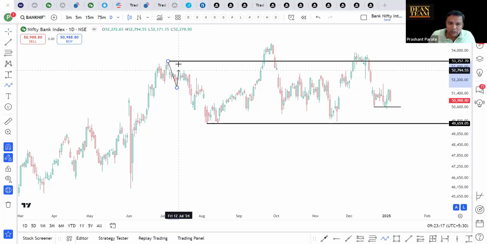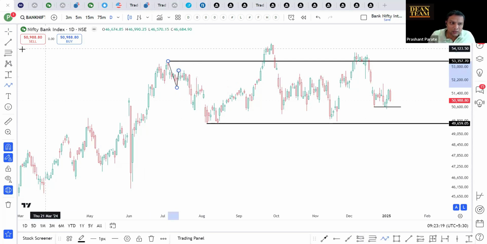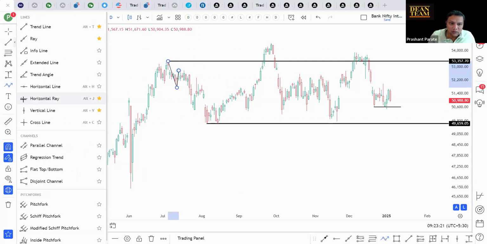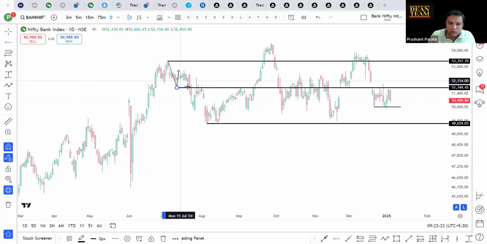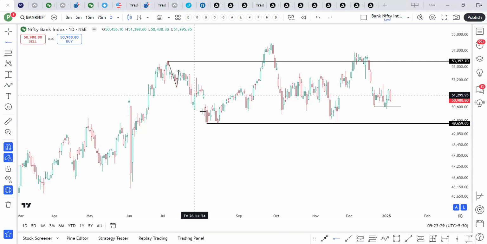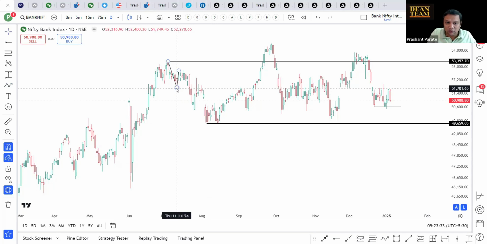This can be AR and ST. If this is AR and ST, then it has broken down and gone down up to this, so this trading range has not been confirmed. This can be called the automatic reaction, and this can be called the secondary test.